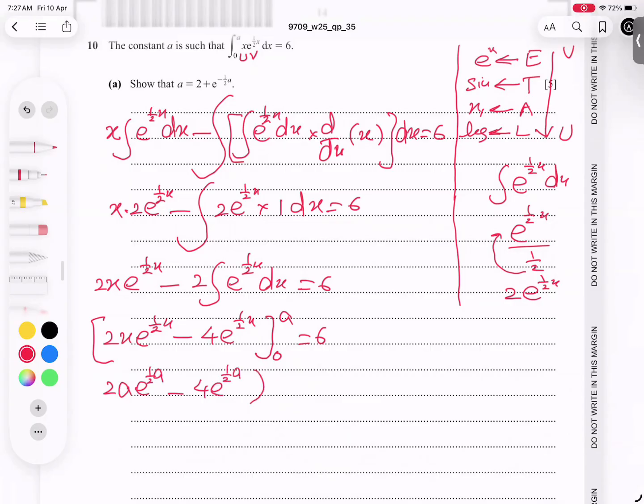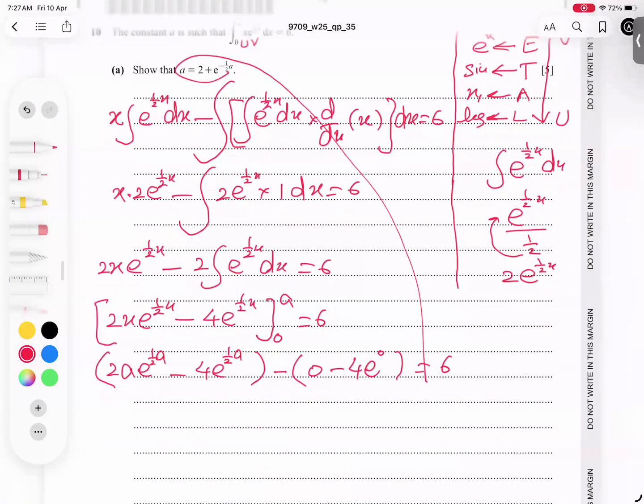Done. Now minus sign and plug in every x by 0. And the ultimate target is this one, to make a the subject. So from here to a, e to power half a.